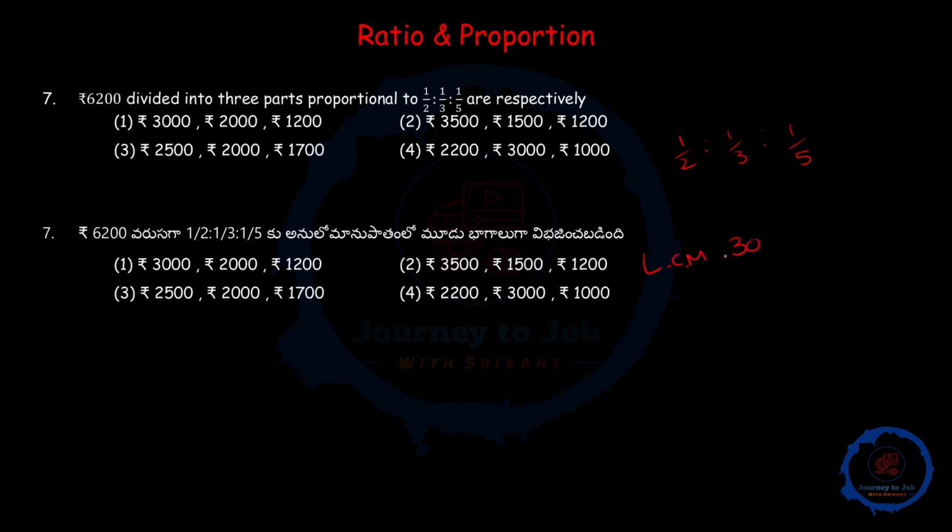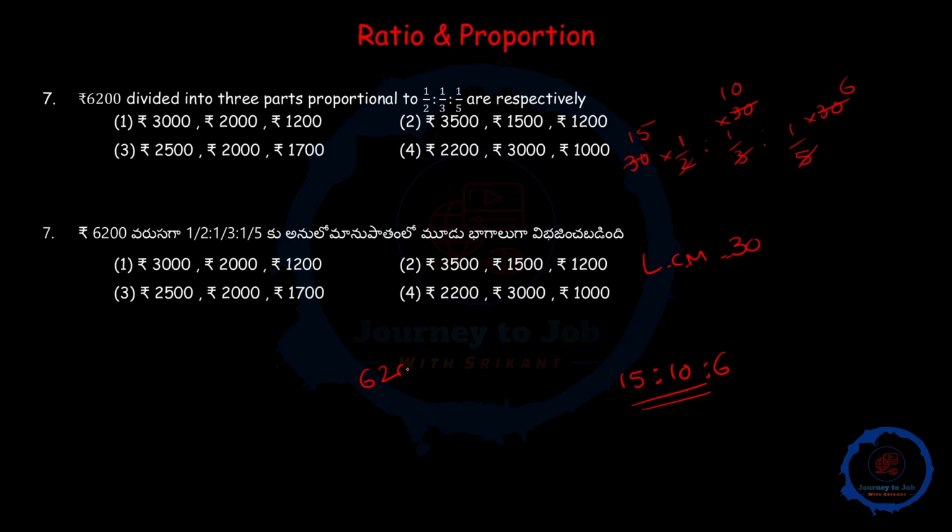So just multiply 30 everywhere. So 2 1 ja 2, 15 ja this, 3 1 ja 3, 10 ja this, 5 1 ja 5, 6. So ratio we got now 15 is to 10 is to 6.